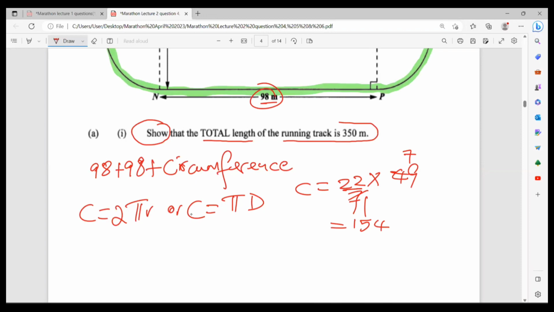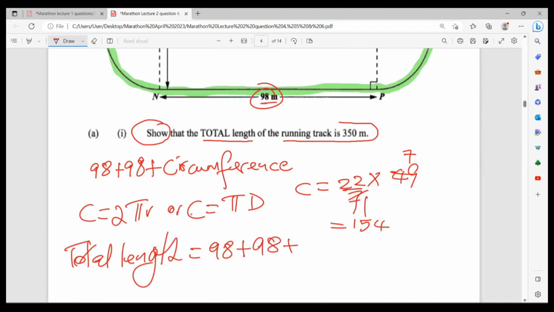Therefore, the total length is 98 plus 154. I believe this will take it to 350. Let's put it together.